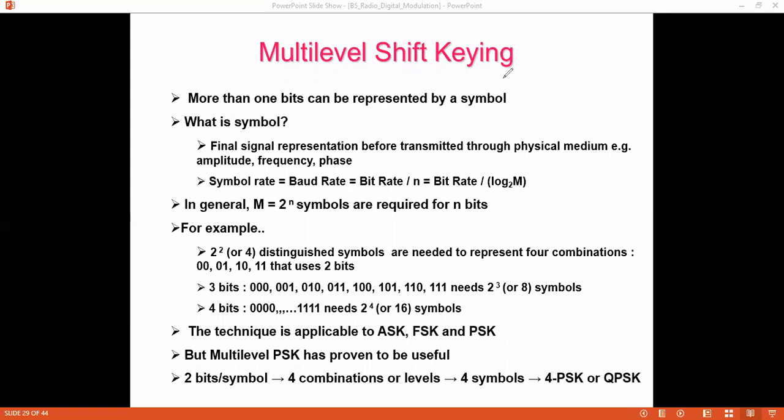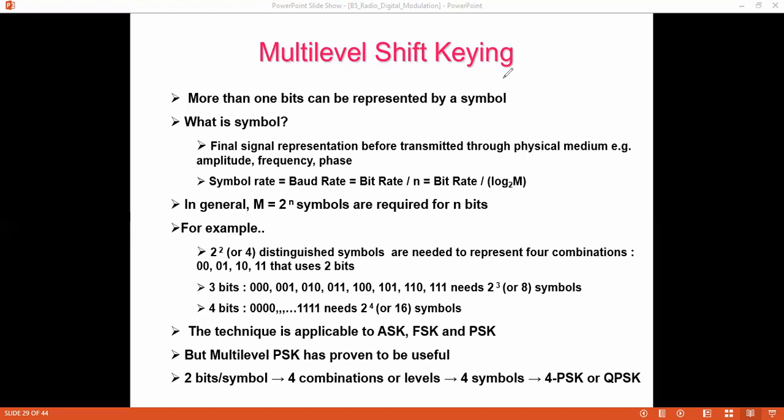And we looked at the general equation for these three techniques, the spectrum, bandwidth performance, bit error rate, and the plot diagrams also for these techniques. Okay, and today we'll continue with multi-level shift keying.